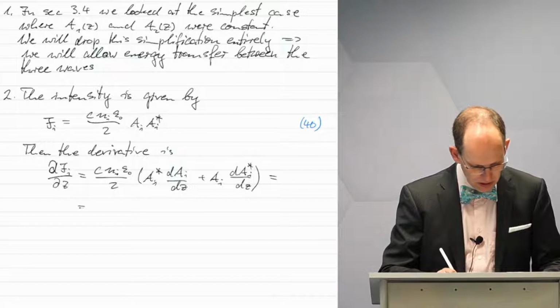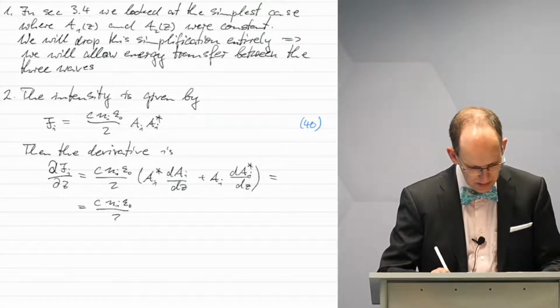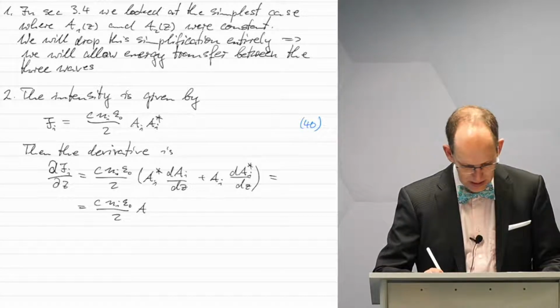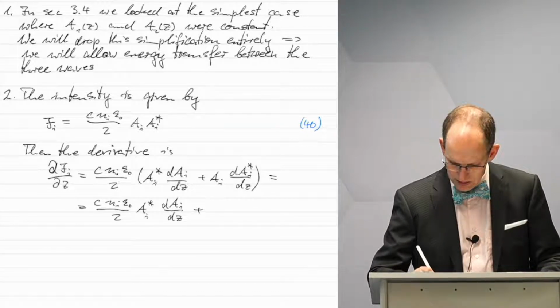And this can be written as c times n_i times epsilon 0 divided by 2, A_i star and the derivative of A_i plus the complex conjugate.